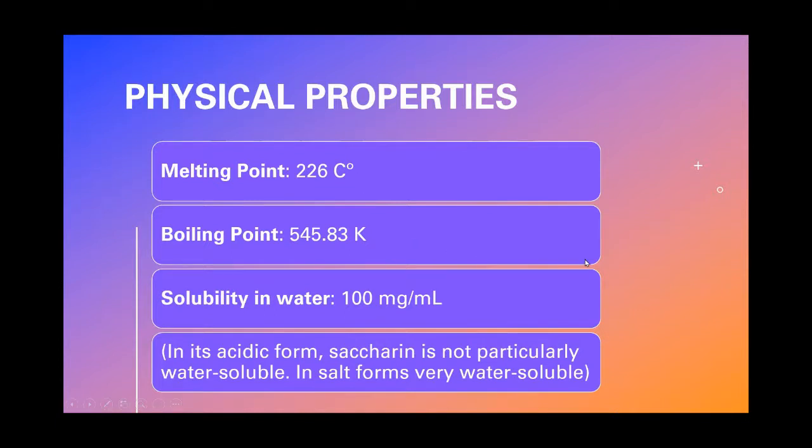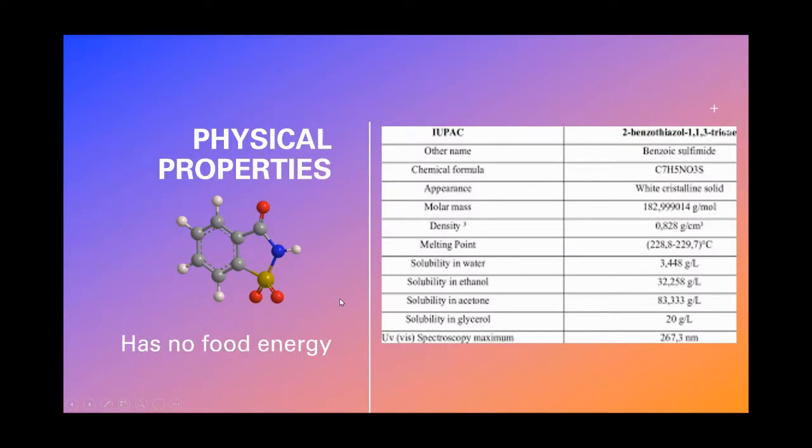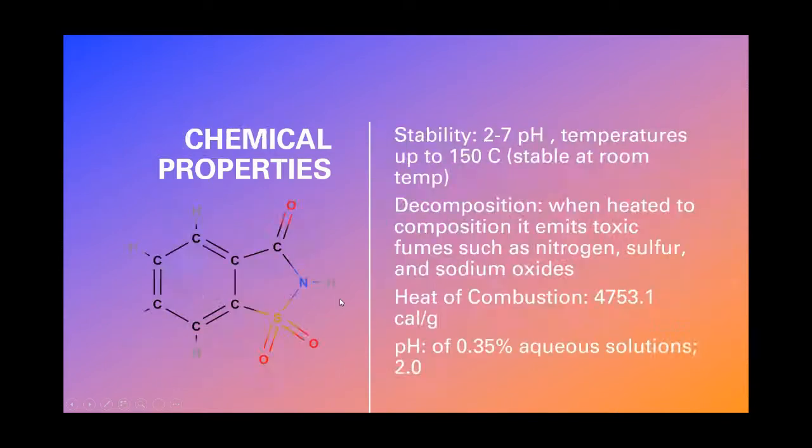In its acidic form, saccharin is not particularly water soluble. In salt forms, it's very water soluble. In a pH of 2 to 7, it's stable, and it's stable in temperatures up to 150 degrees Celsius, so it's stable at room temperature.